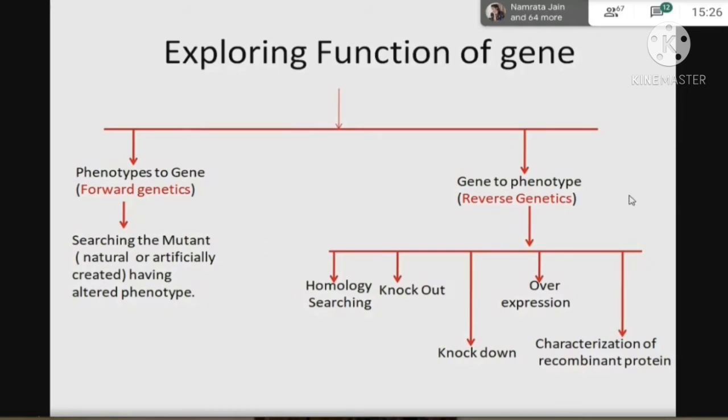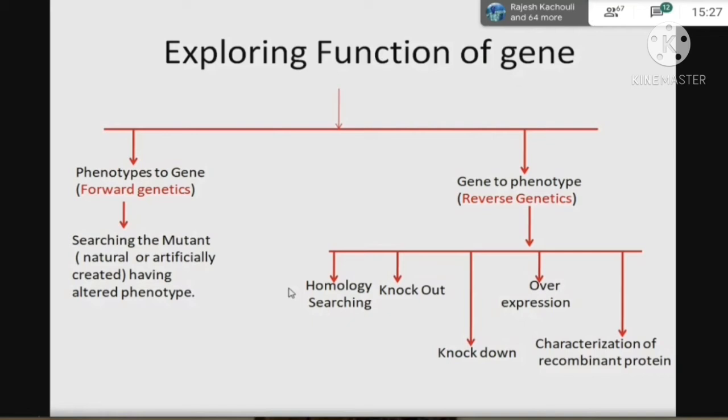If you know the gene sequence and wish to find its role, the simplest way bioinformaticians use is searching for homology. They BLAST their gene sequence against known sequences in the database and say, this matches 50% with some known gene or protein that may have this character. By sequence matching they can predict, but that is not sufficient.